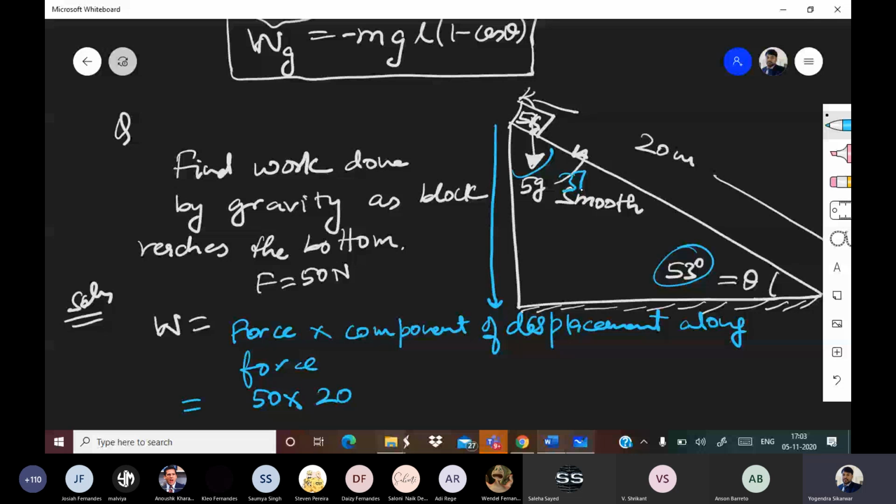So 50 into 20 into 4 by 5 comes out to be 800 joule. That is the answer, 800 joule.